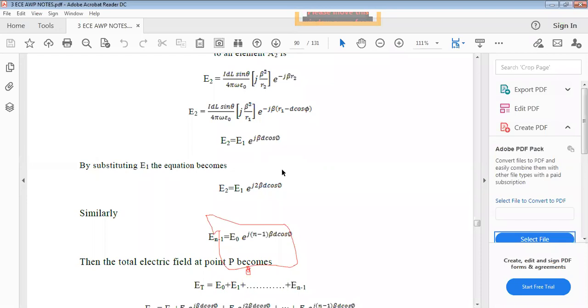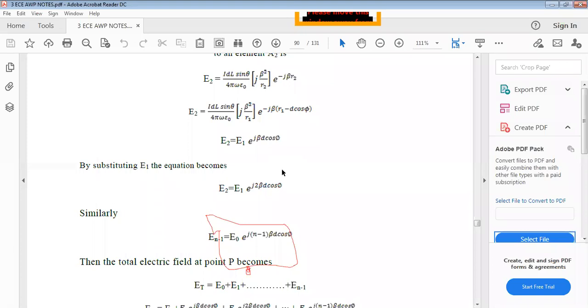Suppose point source a0 is there; the line joining a0 to point P is r0. Point source a1 to point P is r1.